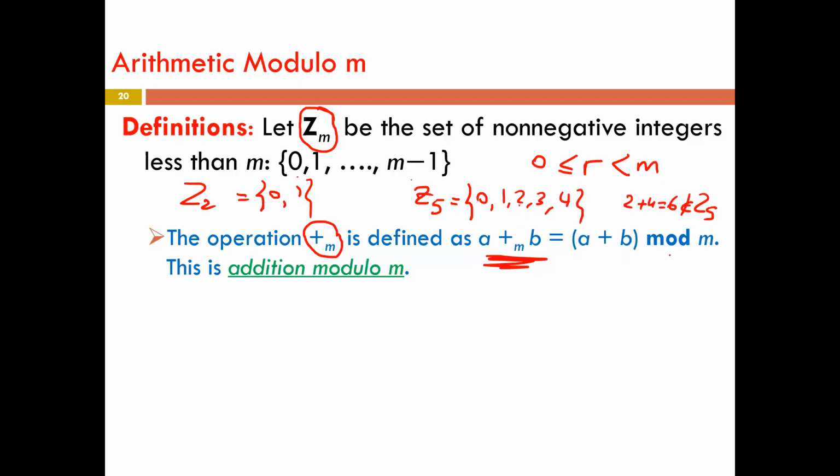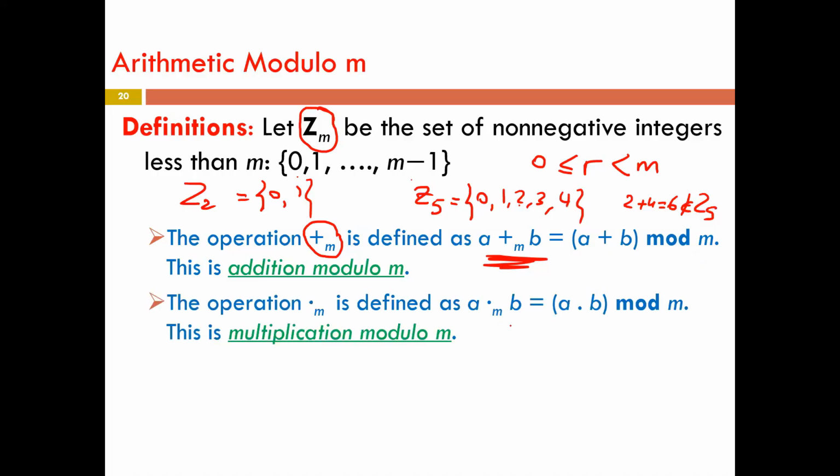It's a plus b mod m. It's the remainder of the sum of a plus b. Okay, it's not the sum of a plus b, but it's the remainder of the sum of a plus b divided by m. The same for the product. A multiplication modulo m, this is the operation a by b, it's ab mod m.